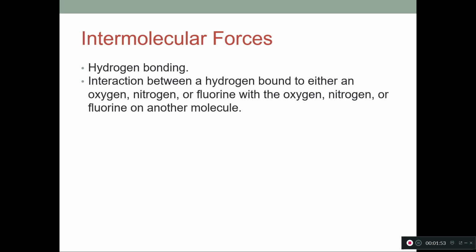Hydrogen bonding is an interaction between a hydrogen that's bound to either an oxygen, a nitrogen, or a fluorine, and it's interacting with the oxygen, nitrogen, or fluorine on another molecule. For instance, if we have two water molecules, the hydrogen on one is partial positive, and the oxygen on the other is partial negative, so we can have an electrostatic interaction between those.